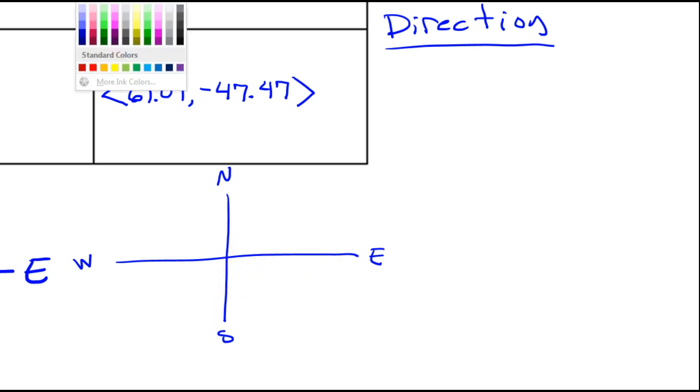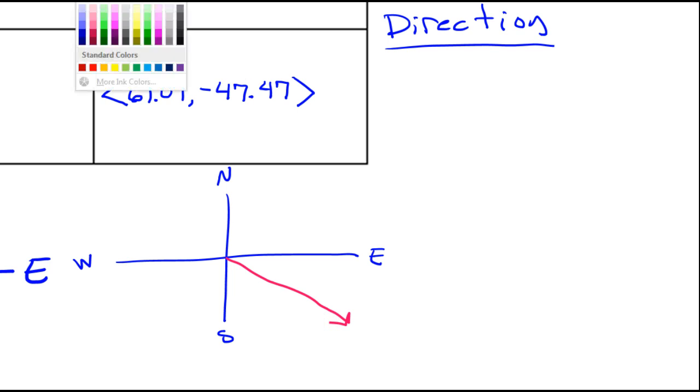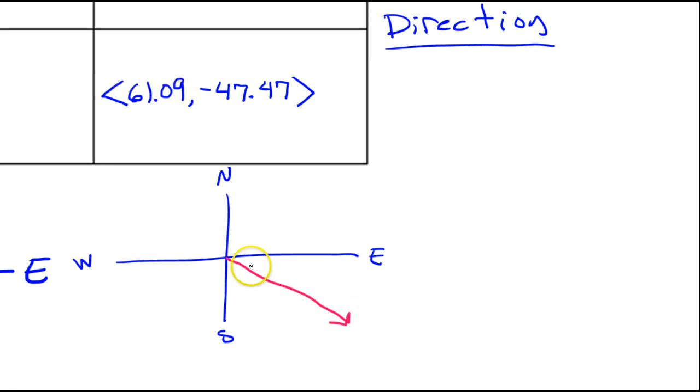So that puts us in the fourth quadrant. So go ahead and draw a vector in the fourth quadrant. And now let's imagine the horizontal and vertical components of this, which would be something like this.